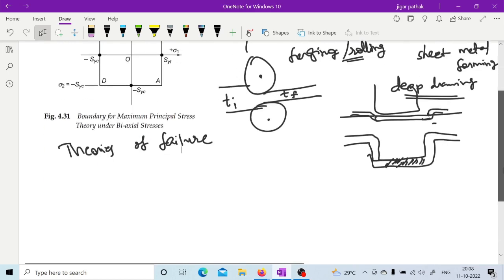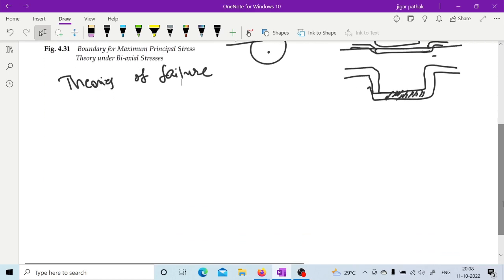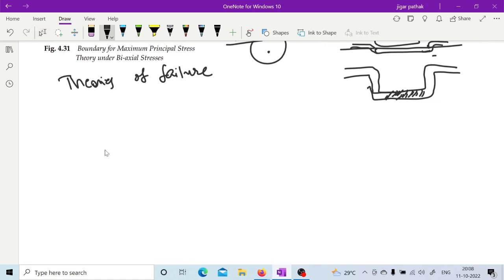As we have discussed, there are various types of stresses like shear stress, tensile stress, compressive stress, bending stress, torsional stress, right? Whenever any machine component is under working condition, there are combined stresses acting on that particular component, right? Combined state of stress will be there.